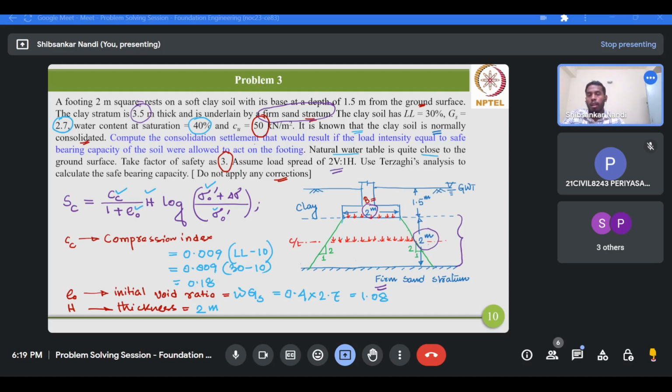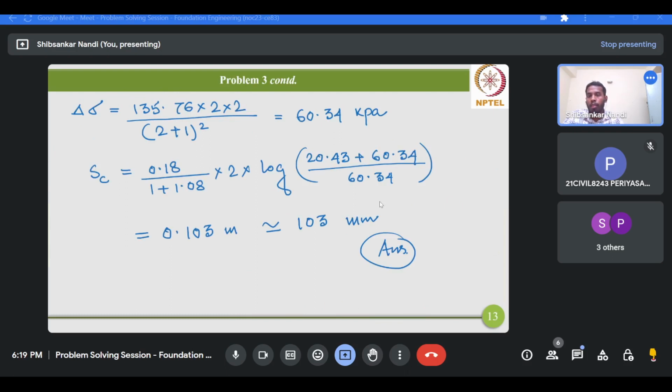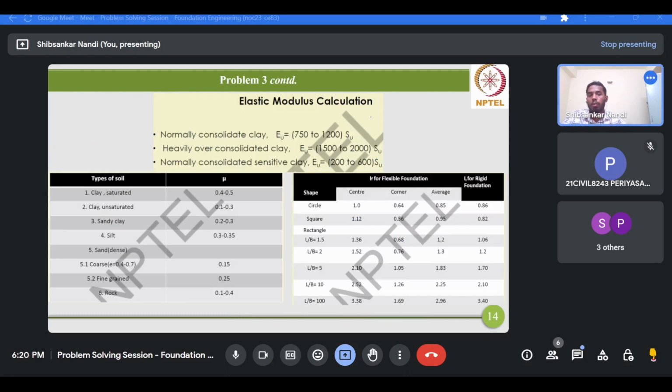Now, if we are asked to determine the total settlement of the soil mass beneath the foundation due to the same intensity of loading, we have to additionally calculate the elastic settlement part of the clay. How can we calculate this elastic settlement?